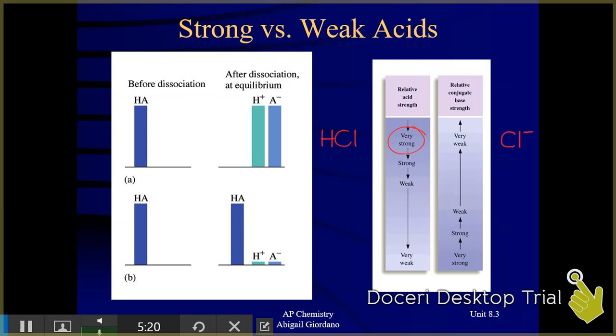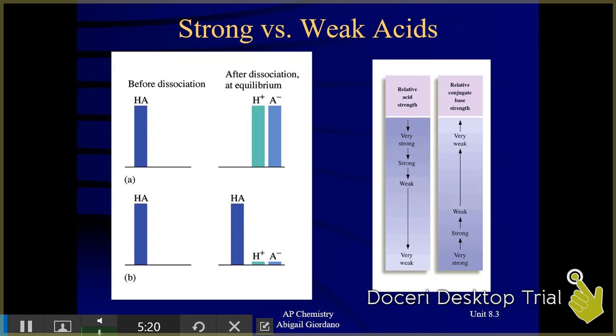Well, guys, acids that are very strong, like HCl, have very weak conjugate bases. It's a conjugate base, but it's a base nonetheless. It's a substance that is capable of accepting a hydrogen. And this example here, Cl minus, is incredibly weak.